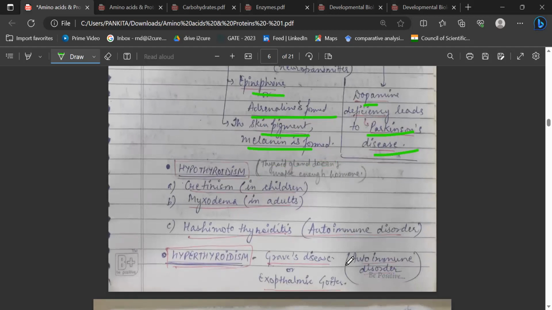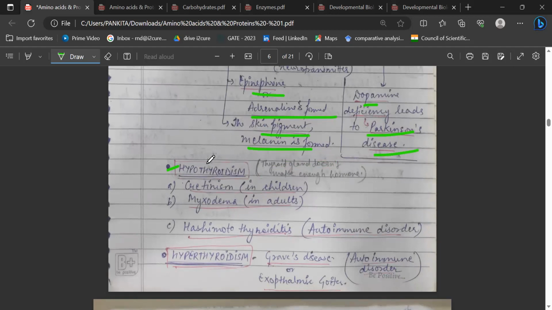We can get hypothyroidism or hyperthyroidism. Basically, the thyroid gland does not produce the required quantity of thyroid hormone. So hypothyroidism is when the thyroid gland is not making enough hormone, while in hyperthyroidism, a large amount of thyroid hormone is produced.